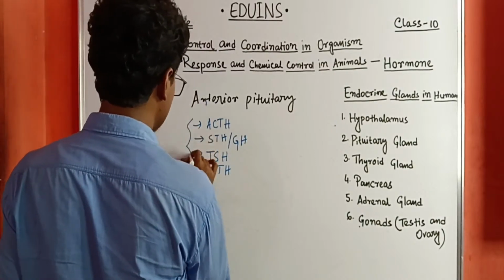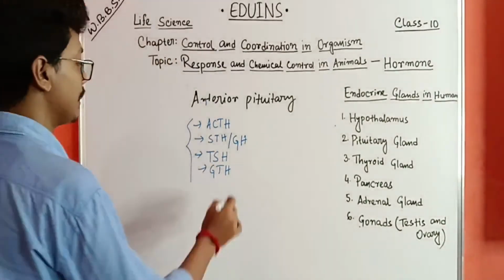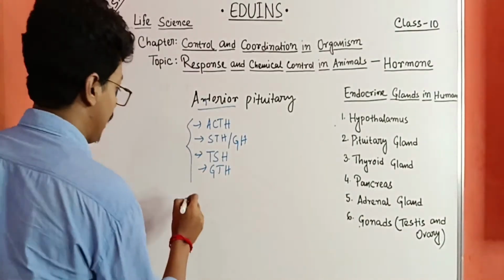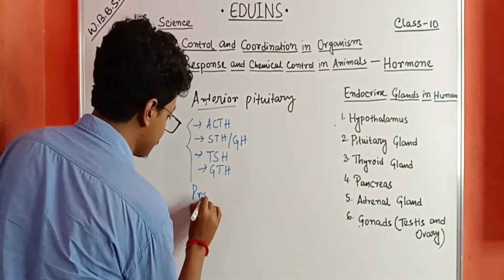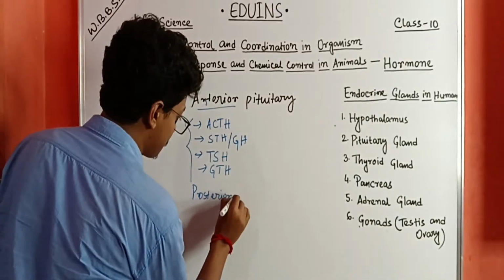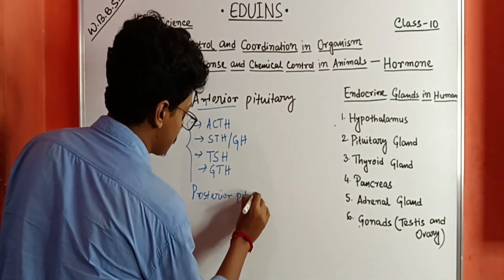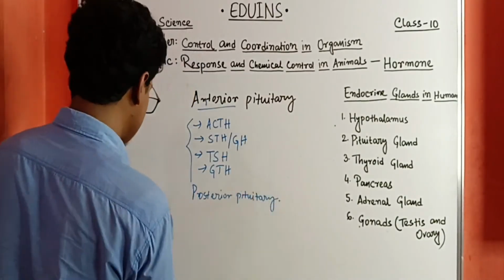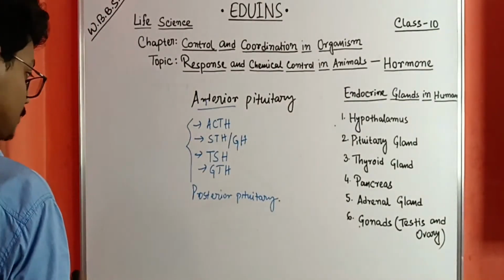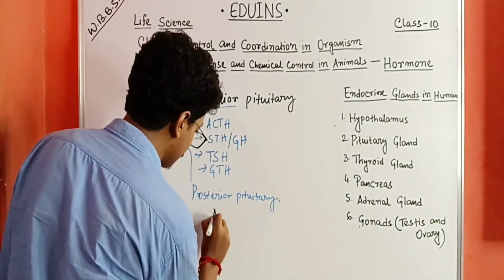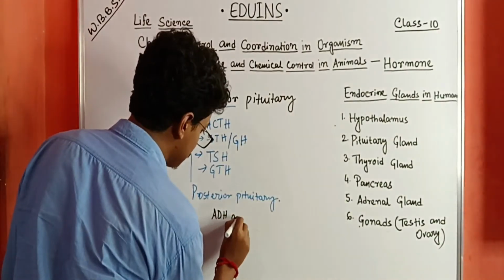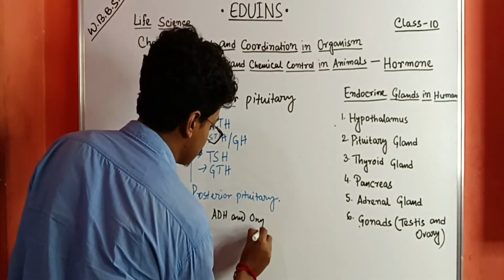These are the four major hormones secreted from the anterior pituitary, and the posterior pituitary only secretes the ADH and oxytocin.